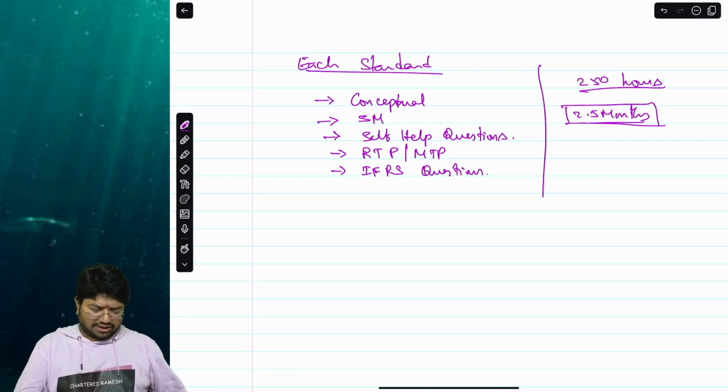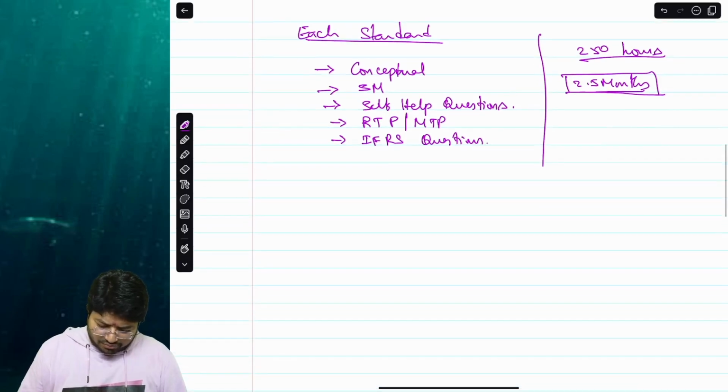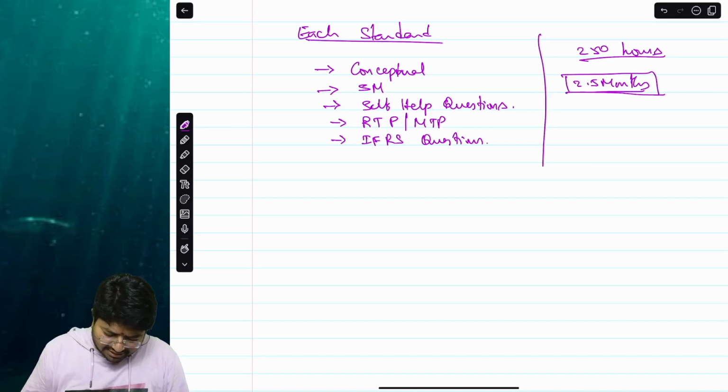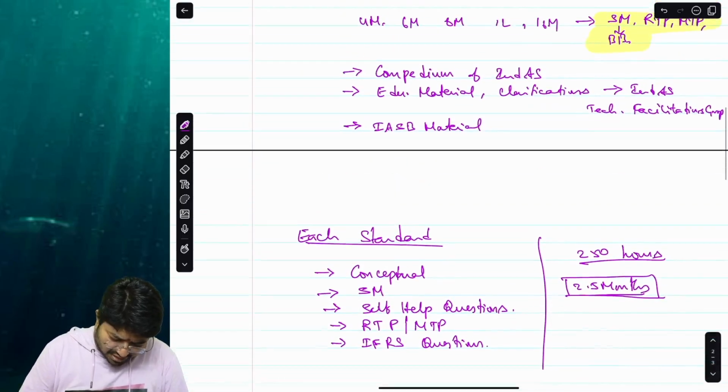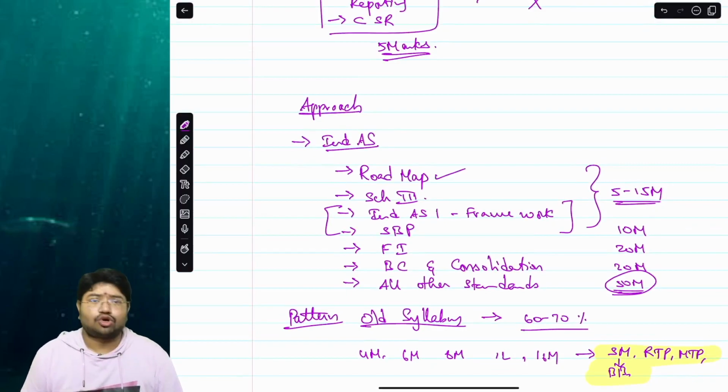Okay, so this is the background as to the coverage, what all we would be doing for each of the standards. Now, coming to the subject, let's begin with the first part, that is the roadmap.